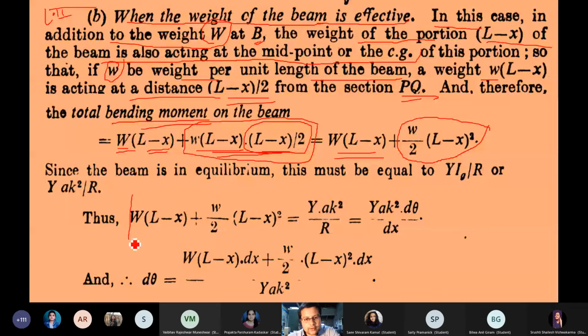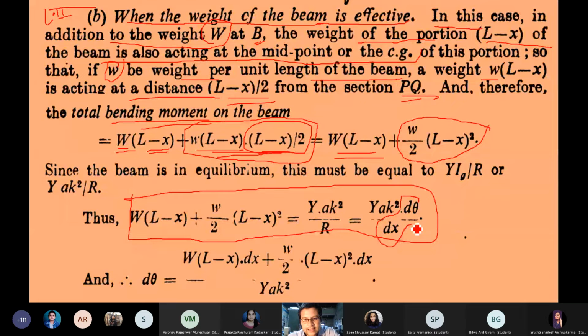So you will have this new equation, and in the new equation you write this particular bending moment equal to Y square by R, or Y into I_G by R, which is the same thing, and this d theta by dx you already calculated in our earlier expression, so d theta by dx will remain as it is, and you just write here the d theta in terms of the new bending moment.